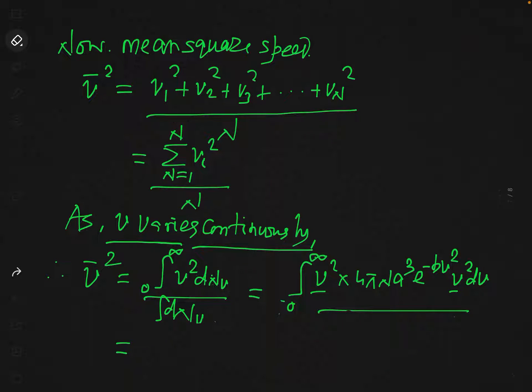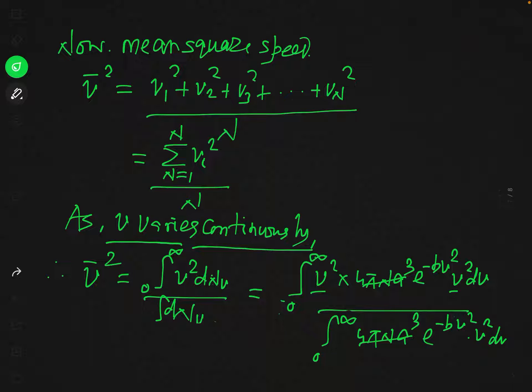This is in fact the integral from 0 to infinity of 4 pi n a cube e raised to the power minus bv square times v square dv. Now you can see this 4 pi n a cube in the denominator and in the numerator will cancel out, and so our final result will be what?